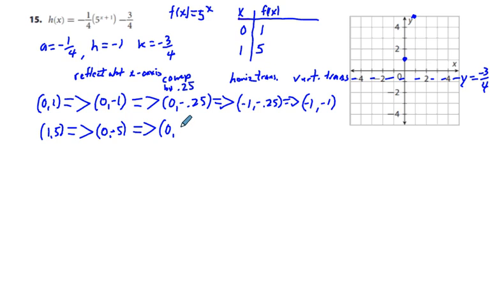We're going to get negative 1.25, right? Because half of negative 5 is negative 2.5. Half of that, again, is going to be negative 1.25.